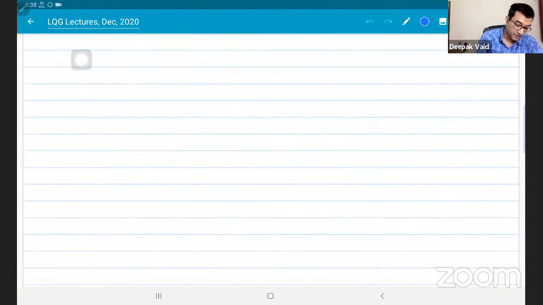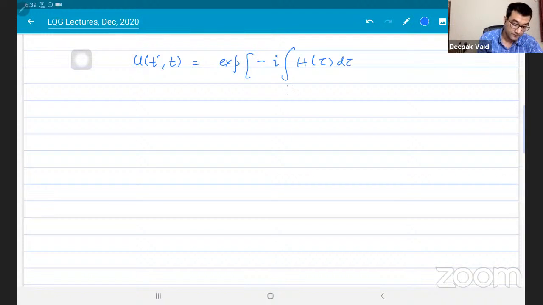When you write down the unitary evolution operator in quantum field theory, it is written as the exponential of the Hamiltonian, integral of H of tau d tau from t to t prime, right?